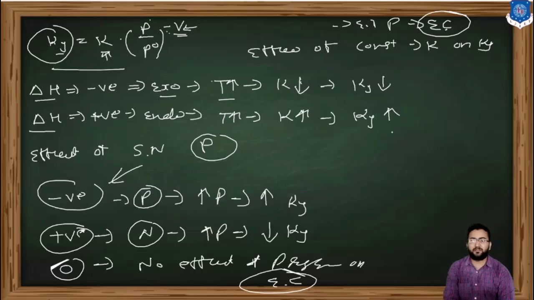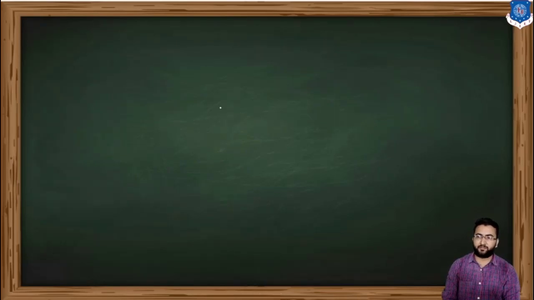There is no effect of pressure on the equilibrium constant, but here we are discussing the effect of pressure on equilibrium conversion. So this is how temperature, pressure and the stoichiometric number affect equilibrium conversion. There are various other factors which affect equilibrium conversion.